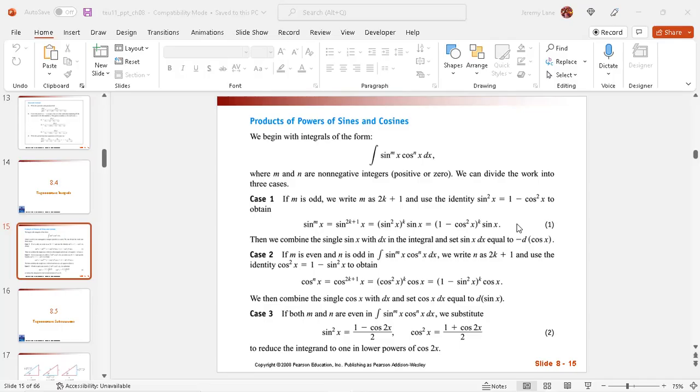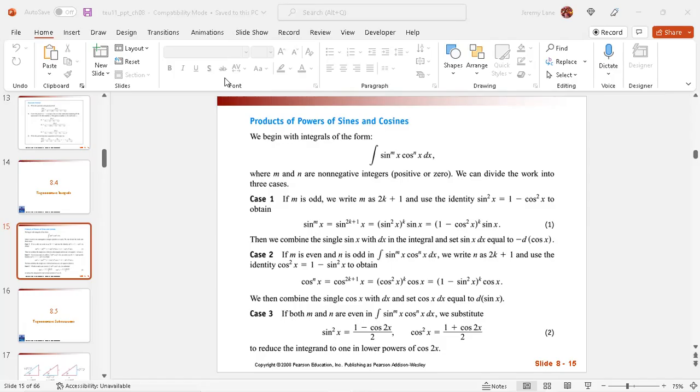We have sine of mx equal to sine of 2k plus 1 x, and that's equal to sine squared of x raised to the k power times sine of x. And we can always rewrite sine squared as 1 minus cosine squared x. This usually helps us take out that single sine in the integrand and set that up as the opposite of the derivative of the cosine.